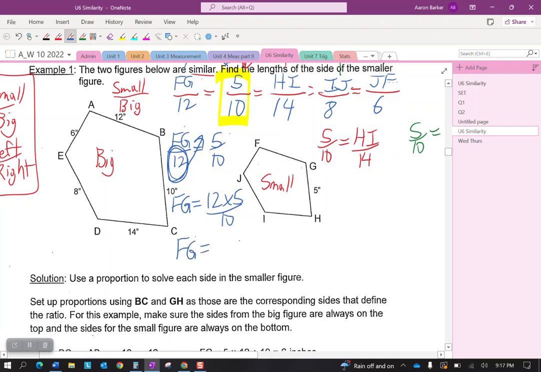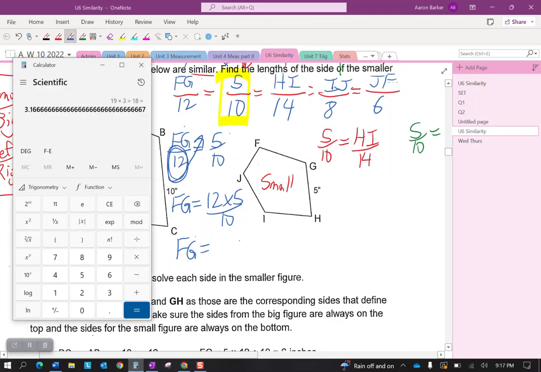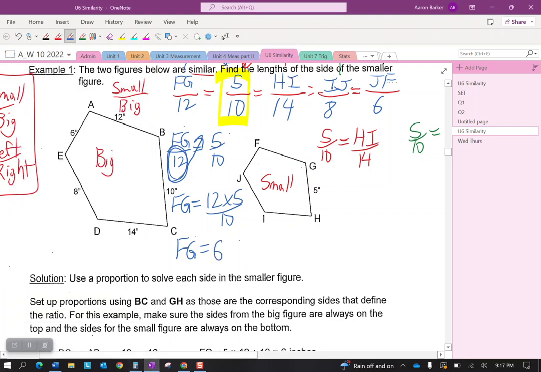Take out your calculator and do the math to make sure you can do it. So on the calculator, 12 times 5 divided by 10 equals 6. So FG has the length of 6.